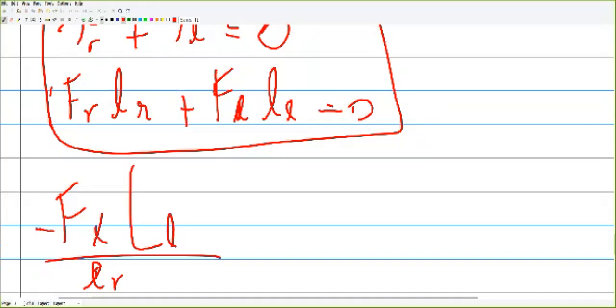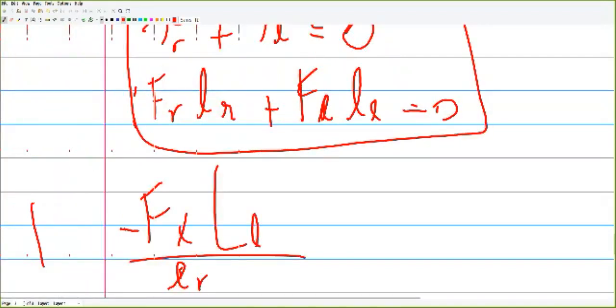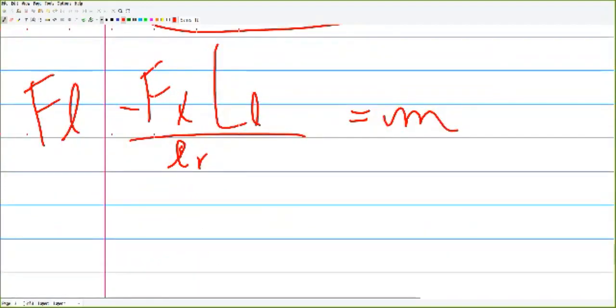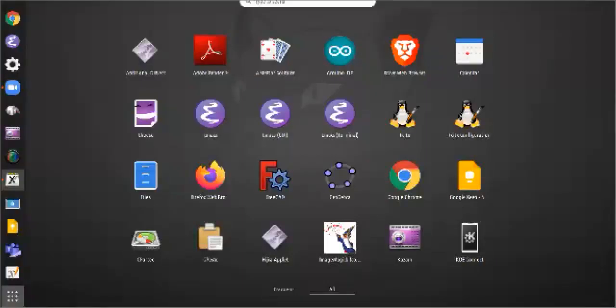Okay, and so before it comes FL minus FL times LL over LR, that's equal to the mass. And then we would find F of L, and then F of R is equal to mass minus F of L. Yep, so you just need these two equations.